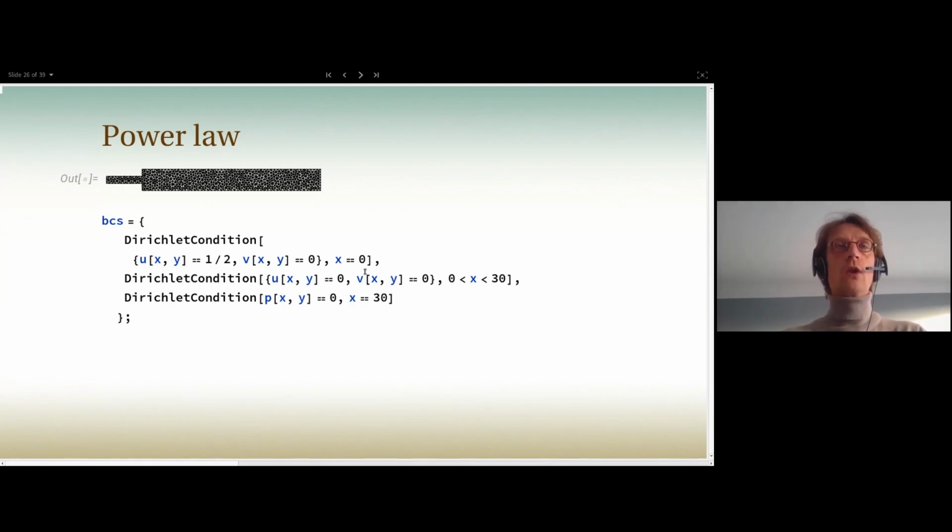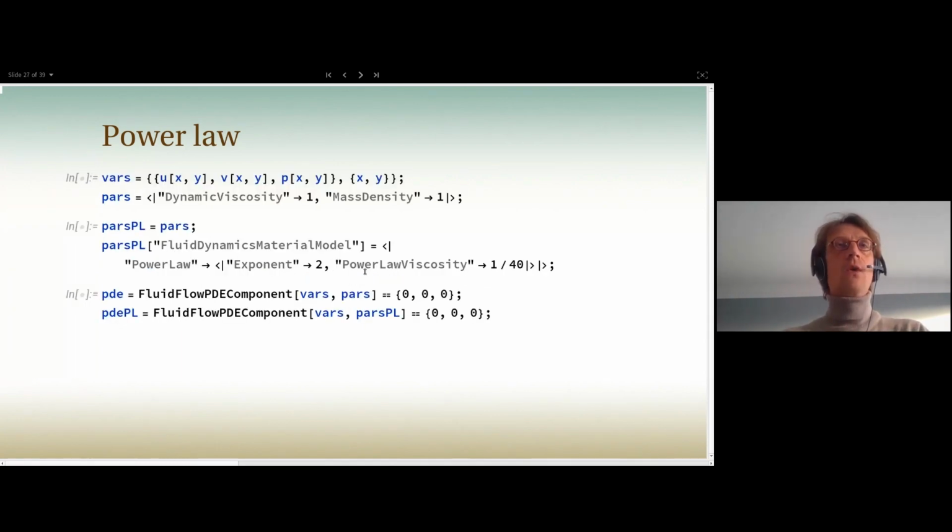What I'm going to do now is solve two equations. One is a normal Newtonian flow, and the other one is a non-Newtonian flow. You see here the parameters of the power law model are the same as the normal fluid flow parameters. I've just added the fluid dynamics material model with some specifics for these parameters.